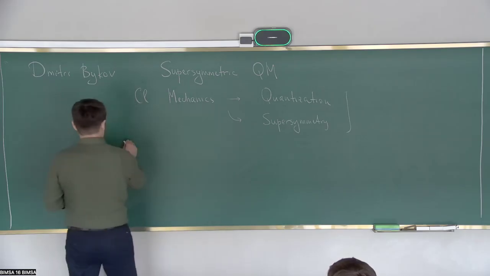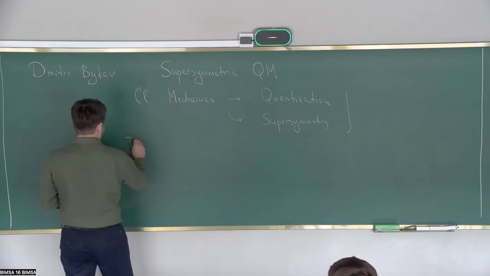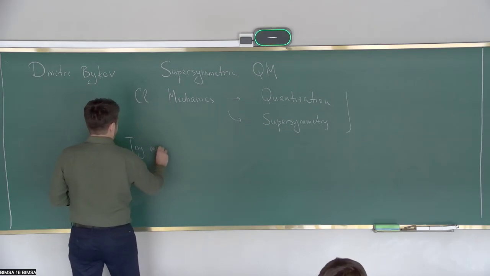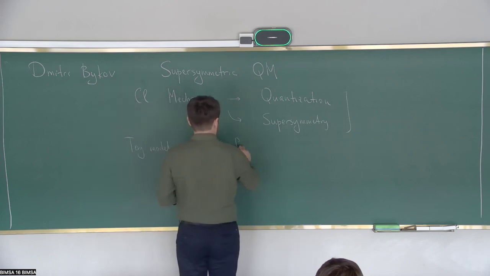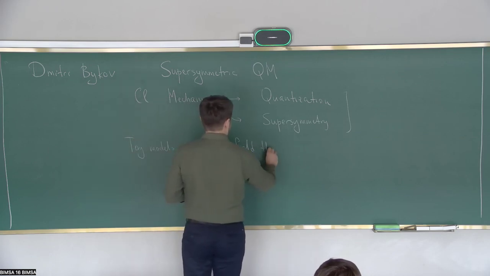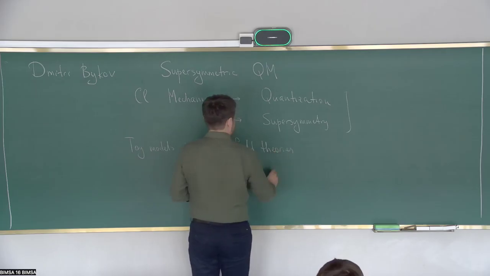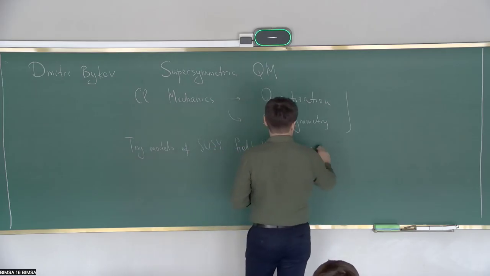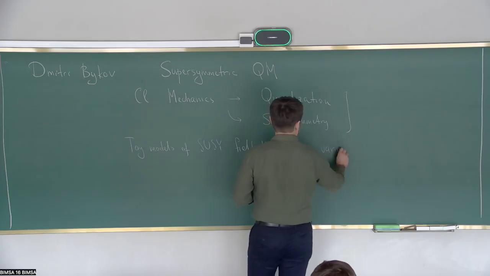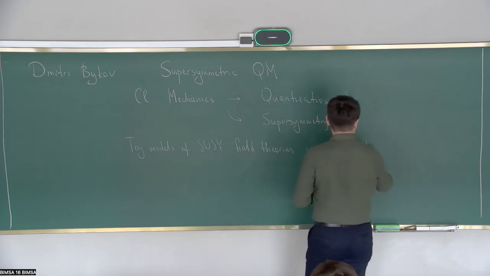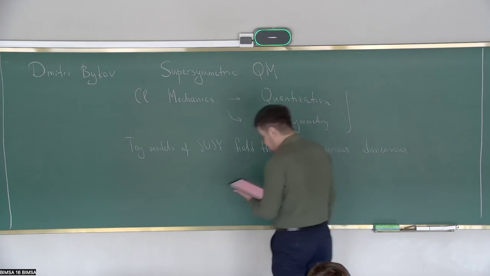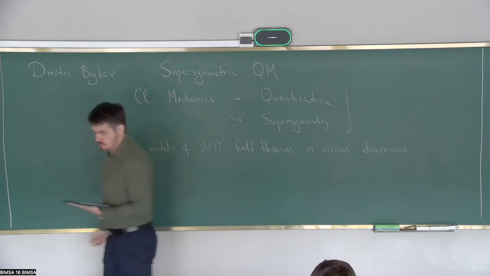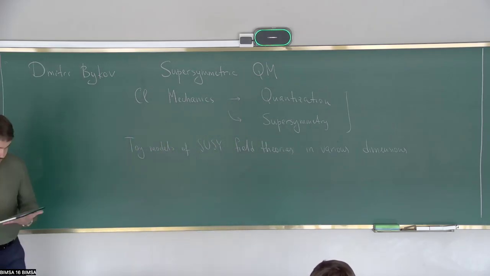So these are reductions of toy models, the theories in various dimensions. And indeed, historically, supersymmetry was discovered in the context of field theory.